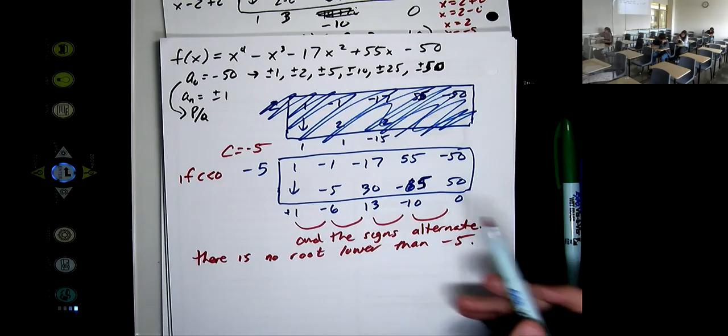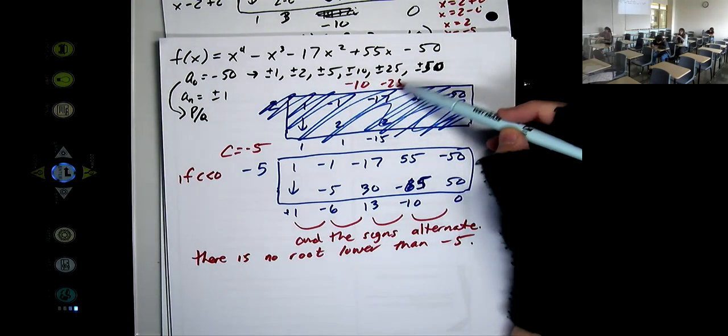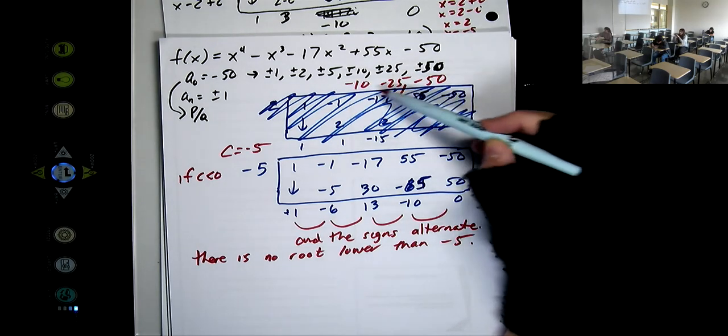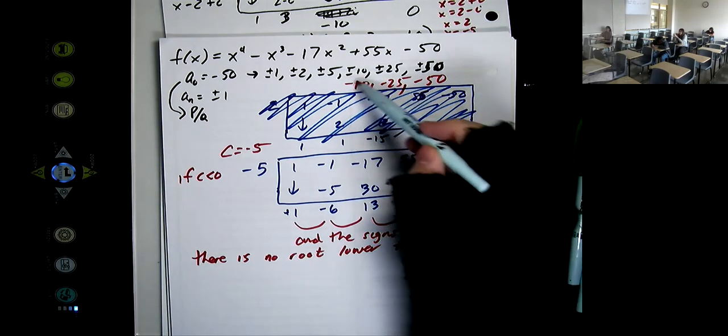Which means I could immediately cross out -10, -25, -50. Those are all gone. They're not possible roots anymore.